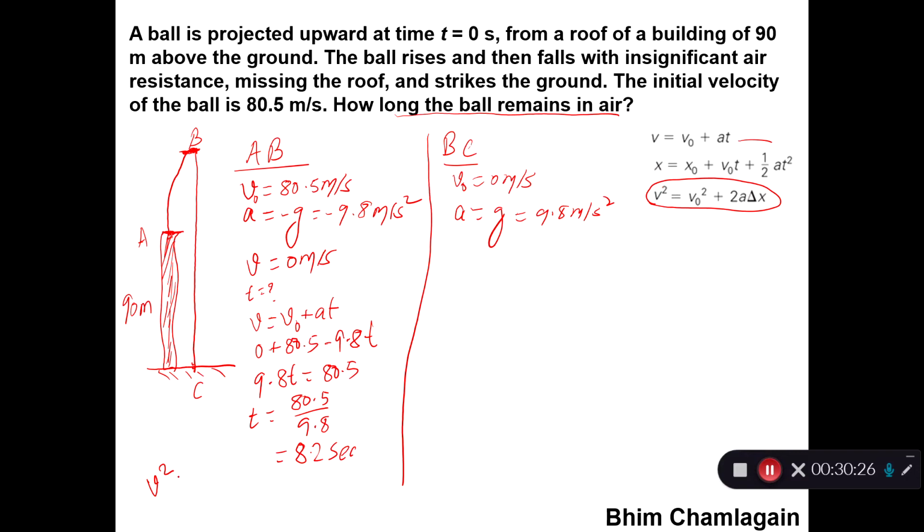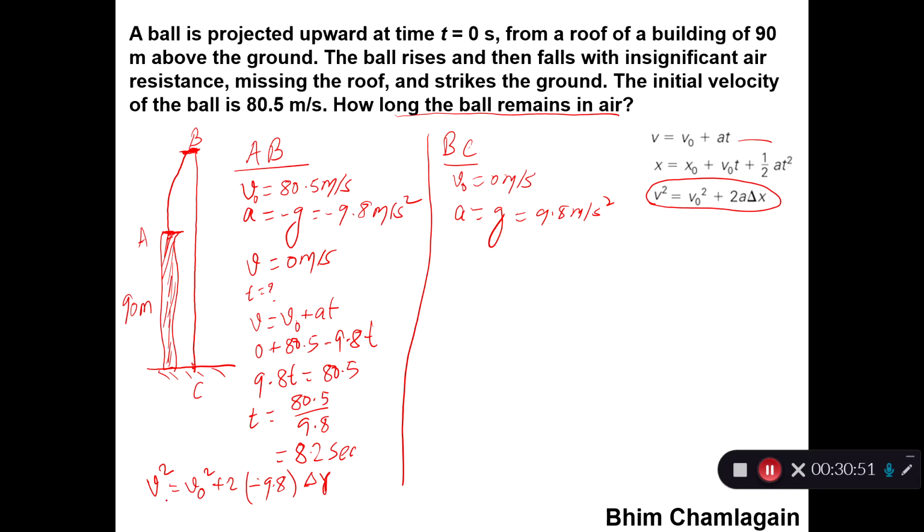You can write this in the y direction: V squared is equal to V naught squared plus twice A, which you can replace by negative 9.8, and delta x is actually delta y. It's moving from A to B, moving up, so delta y is positive.